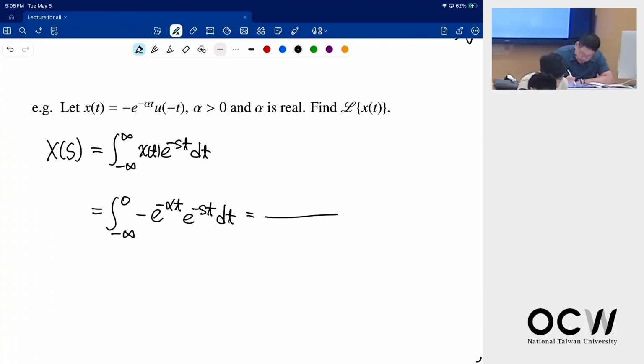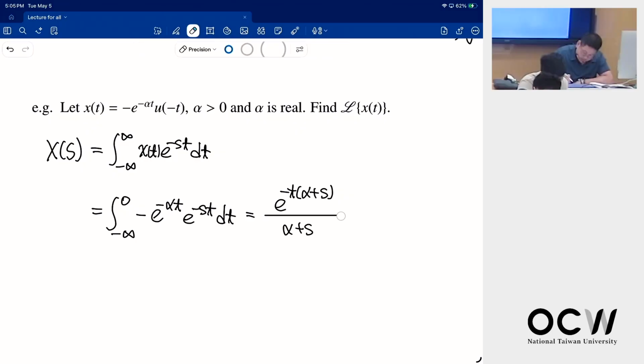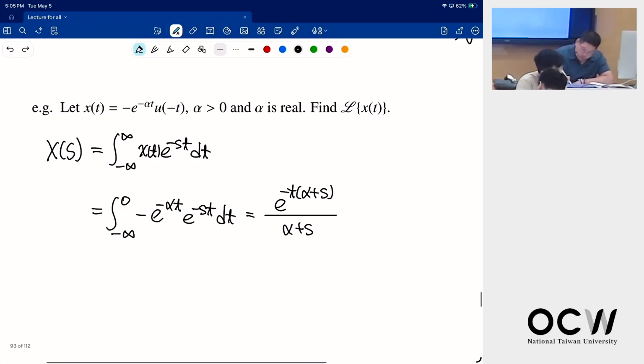And we have e to the minus t (alpha plus s), with t from minus infinity to 0.